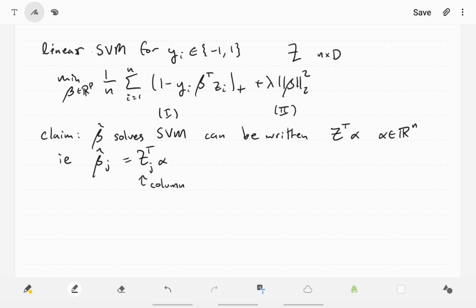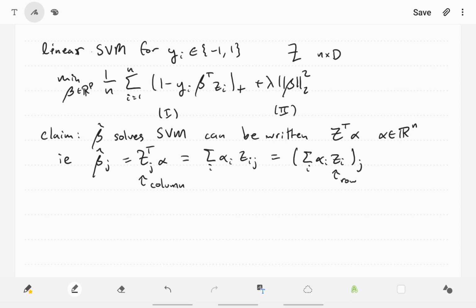Okay. So it can be written in that way, which we can further write as the sum over i of alpha i times Zij, which another way to write this is the sum over i of alpha i times Zi, where these are rows of Z. So there's a couple of different ways to write this.